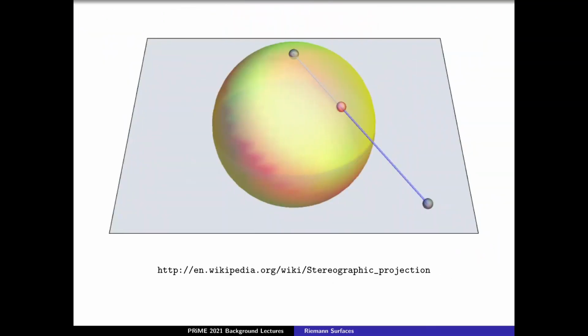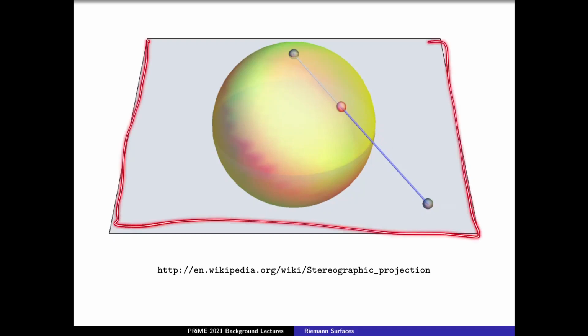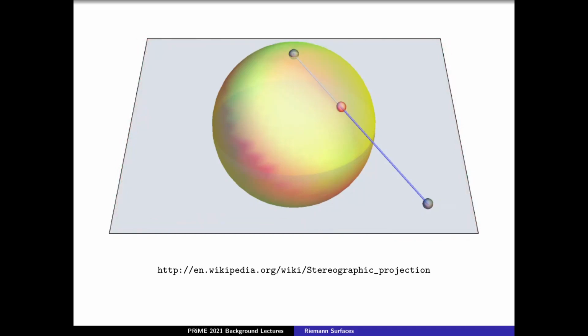And so let us do a quick visualization of this mapping. As part of our synchronous session, we'll go into more detail. But the way we can interpret stereographic projection, this mapping that we just looked at, is that we're considering a fixed point, say the North Pole, and we're drawing a line from the North Pole, and it's going to intersect some point on the sphere. If we have the sphere positioned in such a way that this plane is in fact the complex plane, then this line will also intersect the plane.